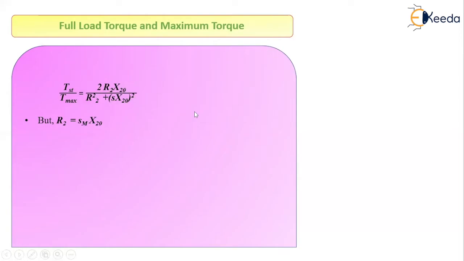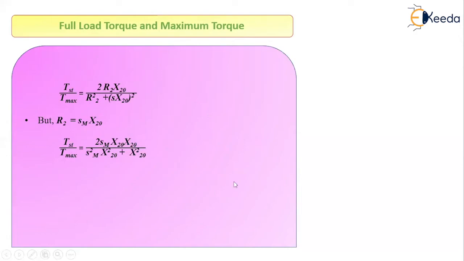Now again we know that for the maximum value of torque, or the slip at which the maximum torque occurs, that is Sm, R2 is equal to Sm multiplied by X20. So if we substitute in this equation R2 is equal to Sm into X20, what we'll get? So starting torque divided by maximum torque is equal to 2 Sm X20 multiplied by X20 divided by Sm square X20 square plus X20.